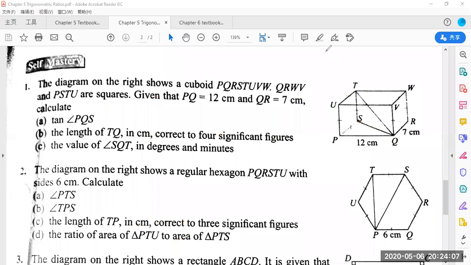Question C is to find the value of angle SQT, in degrees and minutes. This one is 7, and just now we found this one is 193.